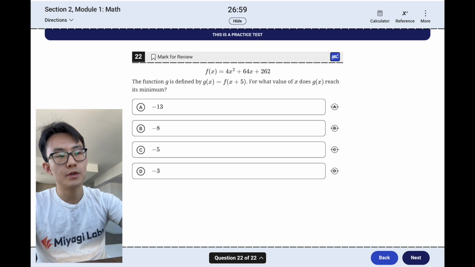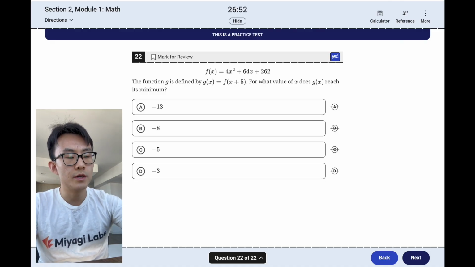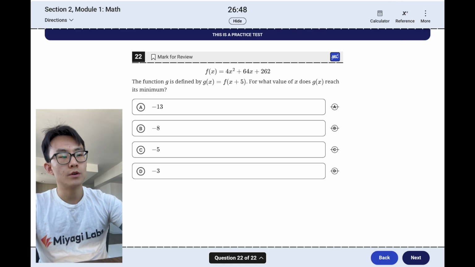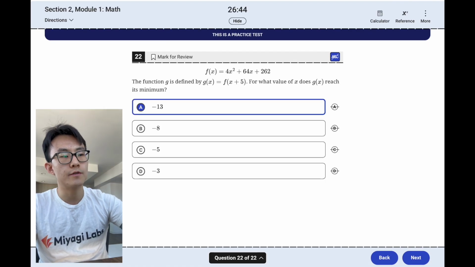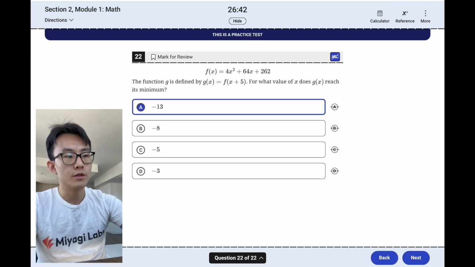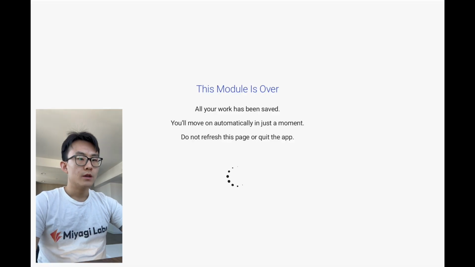Negative b is 64 over 8, which is negative 8. So the minimum happens at x equals negative 8. So at what value of x does g of x reach its minimum? Well, g of negative 13 is equal to f of negative 8, which is the minimum here. Okay, next module.